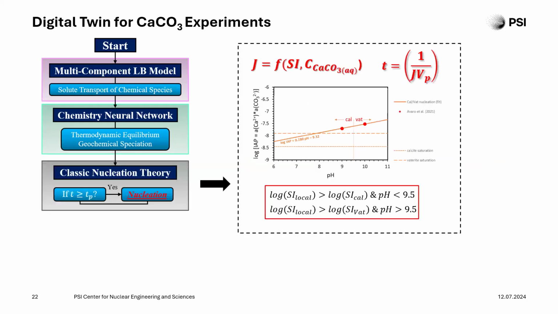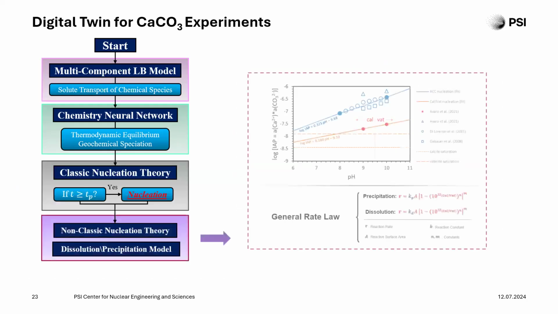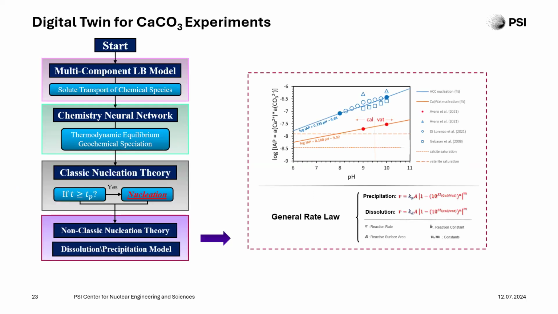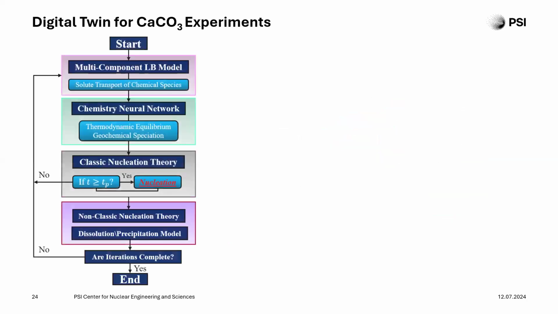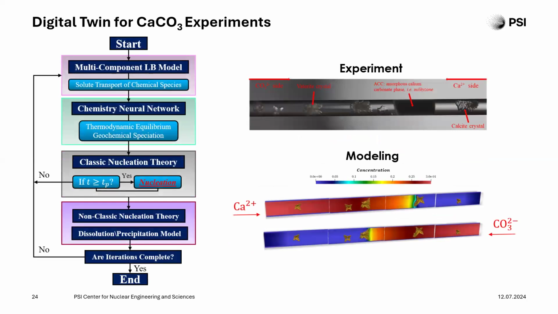So currently, we do not have a function to describe the orientation of the crystal, but our reaction rate already shows really good agreement with the experimental results. It's based on the local condition, because the reaction rate is based on the local saturation index. So for each work cell, the saturation index is different, so some work cells may grow faster, and others maybe not.